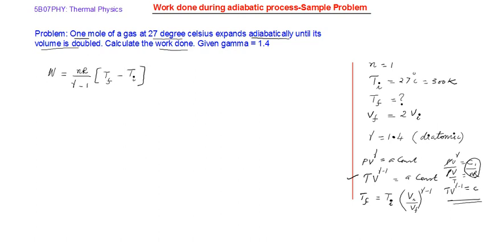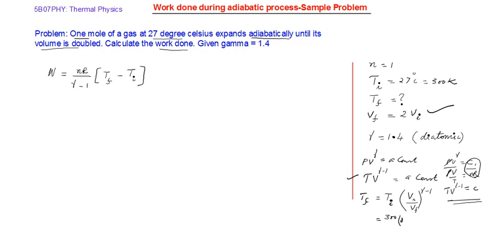If you want, you can just calculate it here itself instead of substituting there. So what is Ti given? That is 300 into Vi by Vf. So what is Vi by Vf? Here, I have to take 2 to the other side, so it will be 1 by 2, which is 0.5.